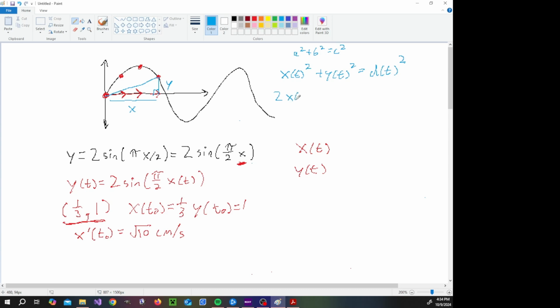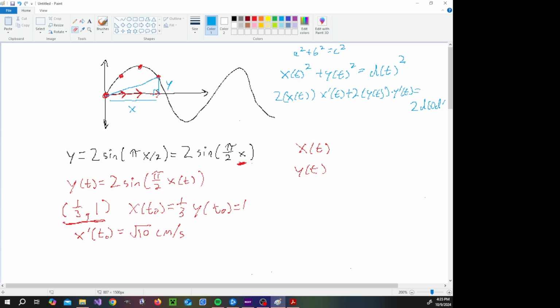So we need to take this derivative with our chain rule. So again, this is 2 times x of t, x prime of t, plus 2 times y of t, derivative of the inside is y prime of t, and then 2 d of t, d prime of t.